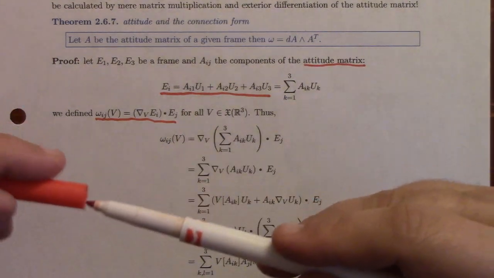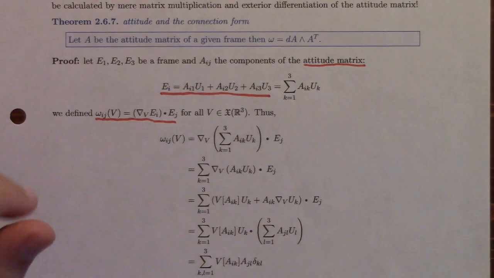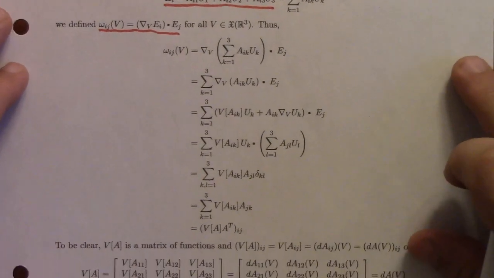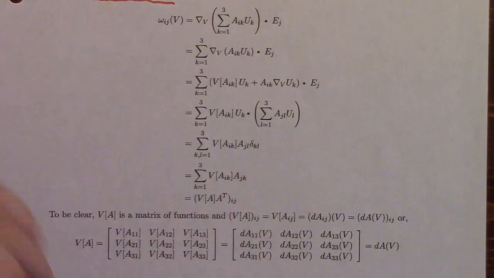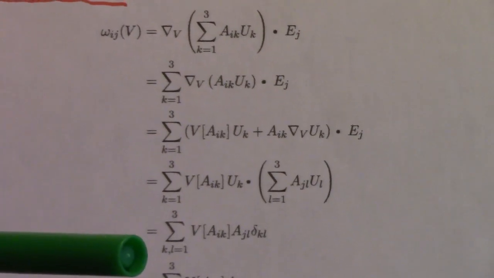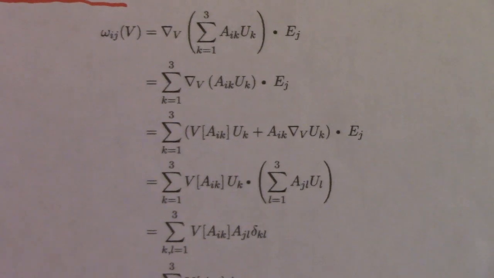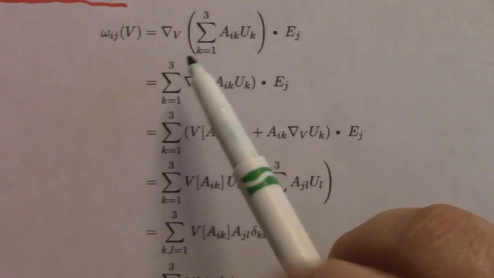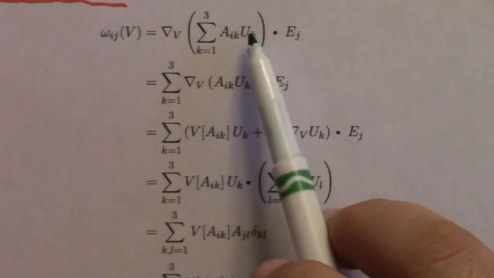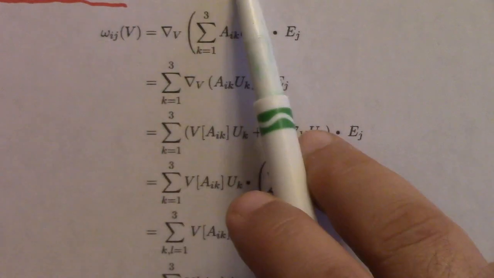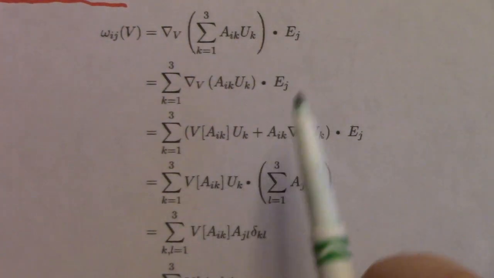So let's calculate. We calculate omega ij of v. I'm going to zoom in a bit here. Sorry if it's fuzzy, I need to get some lens cloths or something. Omega ij of v is the covariant derivative of v of e_i, which is this, but I've taken the liberty of expanding e_i in terms of the attitude matrix, dot e_j.